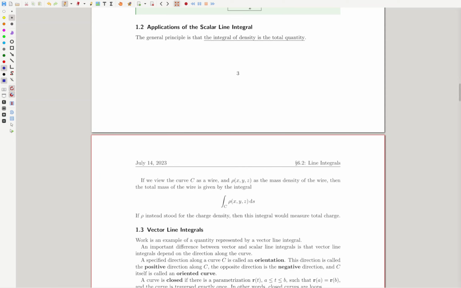If the function inside, which I'm labeling rho to make it look like a density, is the mass density of a wire, so think of the curve C as being a wire, and rho is its density at some position x, y, z, then this integral will measure the total mass of the wire. And if rho was instead, say, charge density, then this scalar line integral would measure the total charge on the path, or on the wire.